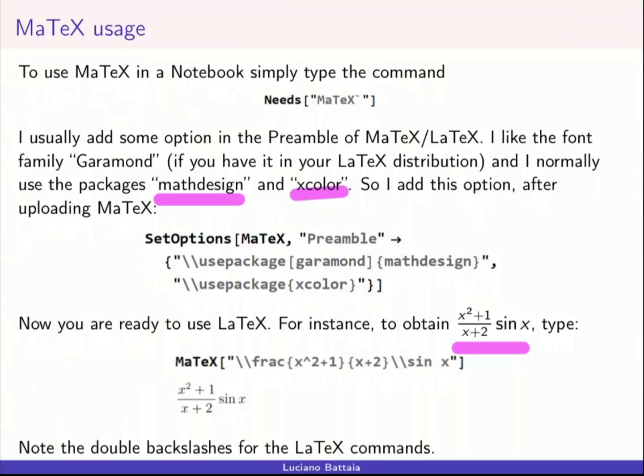Note the double backslashes for the LaTeX commands. All LaTeX commands must contain the double backslash.